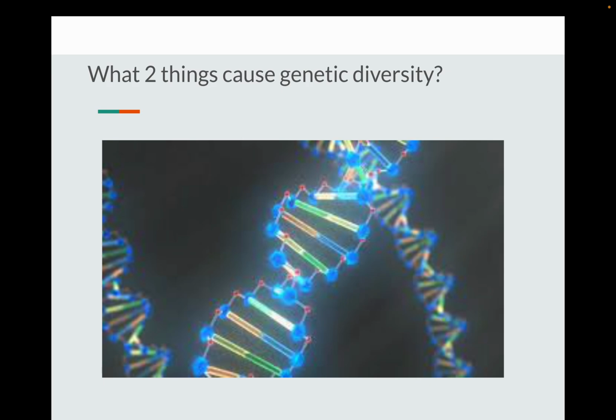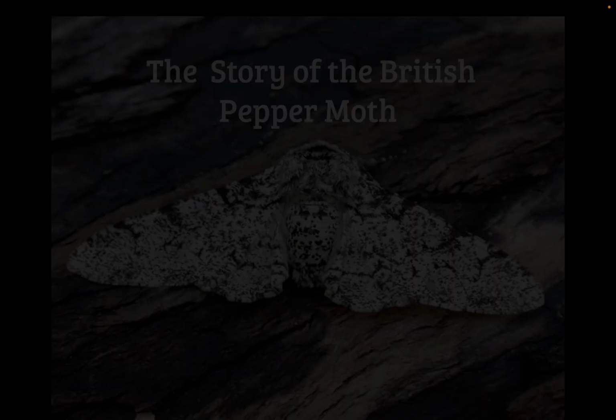The second thing is mutations. Mutations sprinkle in differences in both organisms that reproduce through sexual reproduction, like humans and many other animals, but it also sprinkles in genetic diversity in asexually reproducing organisms. And this is how they get their genetic diversity at all.